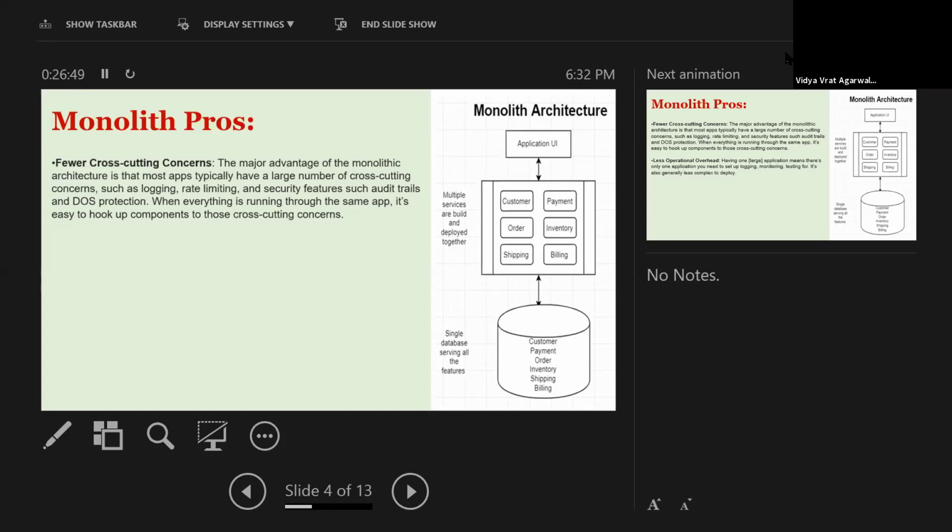It could be, let's say, Java or C#, whatever. And what will it have? It will have all the controllers in it. Right? Controller is nothing more than a class. Just like code, and that code is living in those classes. And then you have your database.